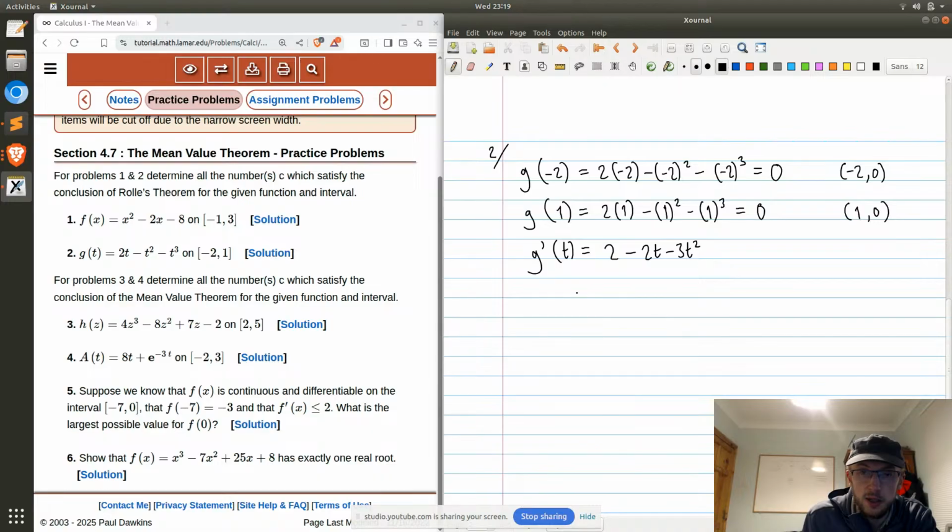But that has nothing to do with the fact that I'm now going to solve for when it's equal to 0. So 2 minus 2t minus 3t squared equals 0. And is this factorable? Can it be factored? So b squared, well, that's 4. And then we have to add on 24, so 28. So you can't factor it in a pleasant way.